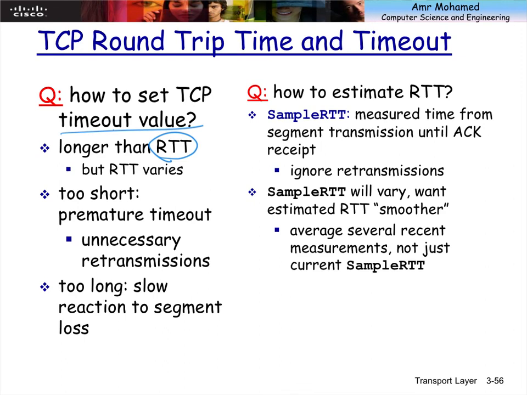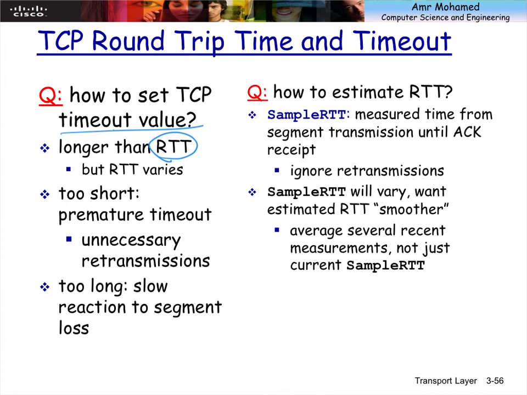So what TCP does is that it takes some sample measurements of the round trip time all the time. Whenever I send a segment and I receive an acknowledgement, as we have done in the assignment, I can simply say the time of the acknowledgement minus the time of the transmission.